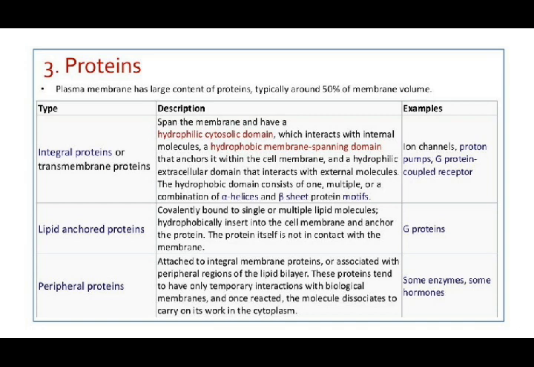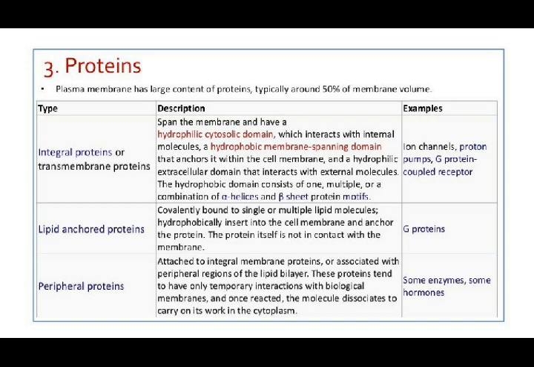Protein. Plasma membranes have a large content of protein, typically around 50% of the membrane's volume. Types of protein: integral or transmembrane protein, and peripheral protein.